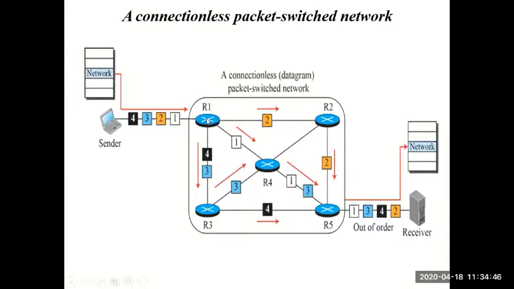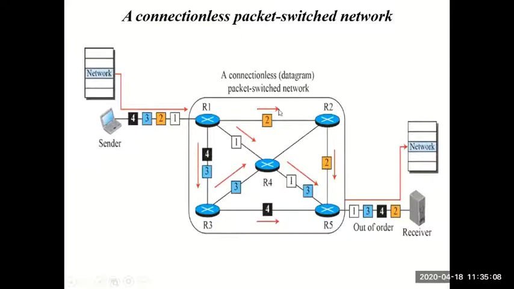Packet 2 goes in this path, R1 to R2, then R5, and reaches the destination. Whereas 3 and 4 follow this route, R1, R3, R5. Again, when 3 and 4 come here, 4 goes from R3 to R5 directly, whereas 3 goes from R3 to R4 and then from R4 to R5.